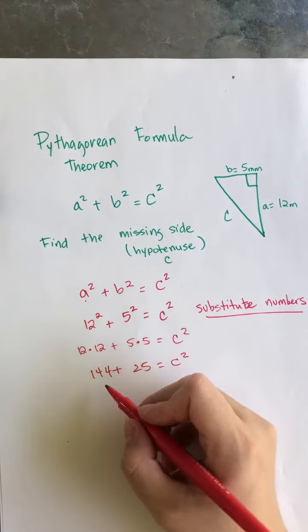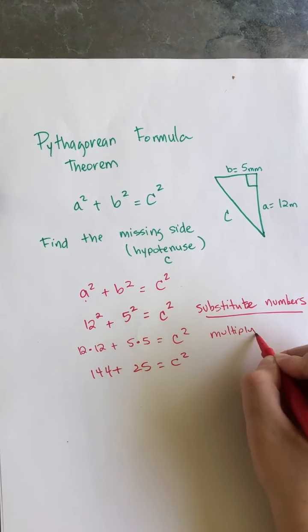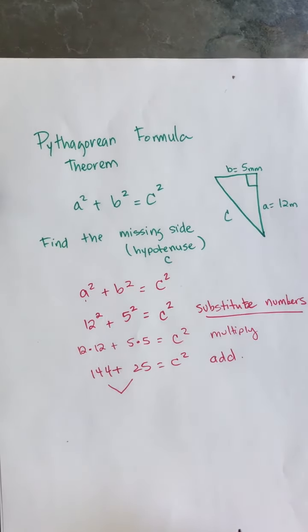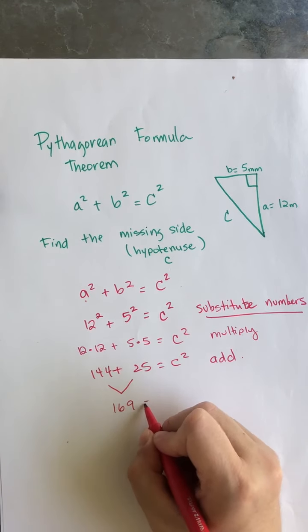Okay. What you want to do is go ahead and add them. So multiply here, and now we're going to add these two numbers together. 169 equals C squared.